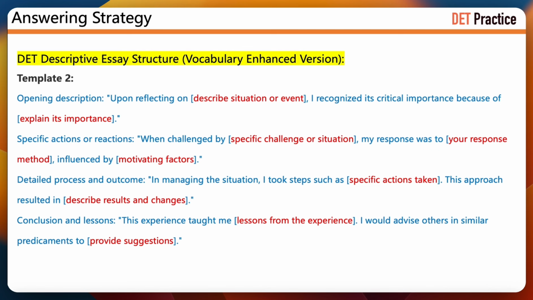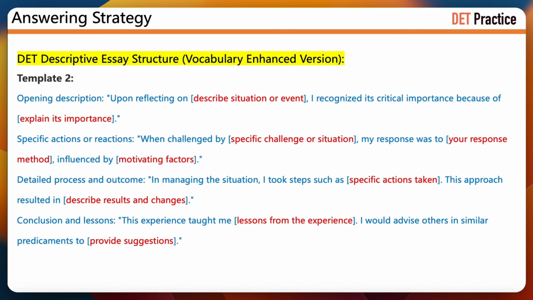It maintains the same clear structure as the original template, but pushes candidates to demonstrate an advanced level of English proficiency. This can potentially lead to higher scores in language use, vocabulary range, and overall writing quality, while ensuring that the essay remains well-organized and addresses all key points of the question.